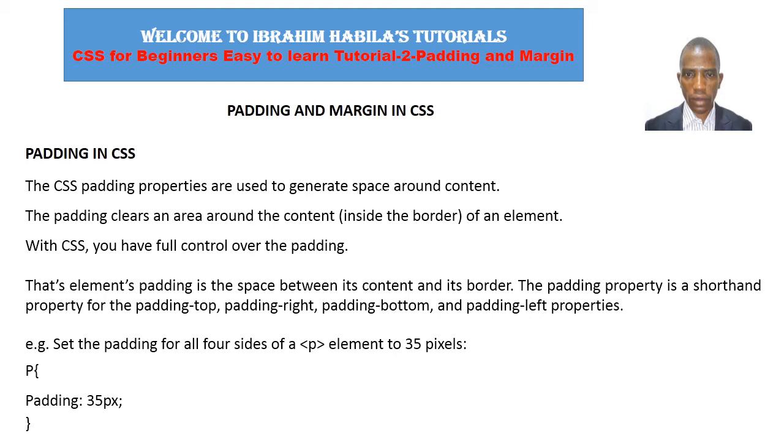That is, p with the curly bracket, then padding with the colon, then 35px with semicolon, then you close the curly bracket. In this one, it's only one padding value, 35 pixels. I will explain that one in the next slide.